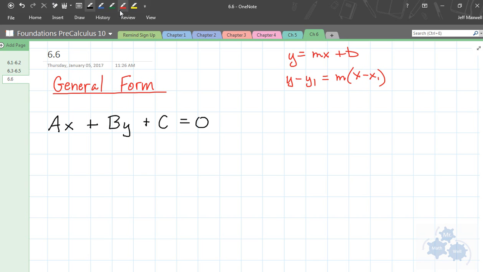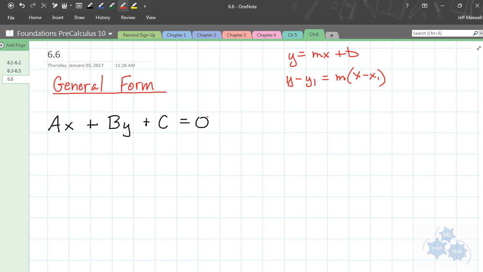Now, what do we notice about general form, as opposed to these forms over here? Okay, it equals 0, right. None of these equals 0. This one equals 0, and it always equals 0. If it is not equaling 0, if it equals 10 or negative 5, it's not in general form. It has to equal 0.